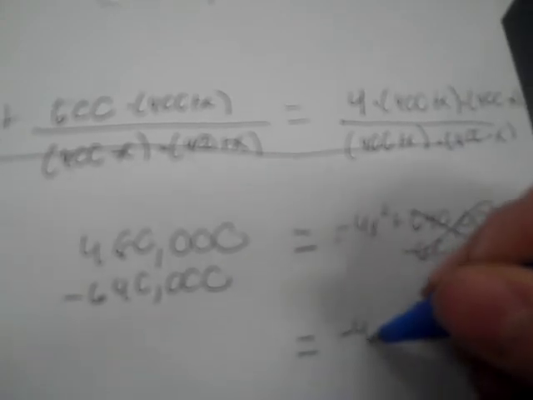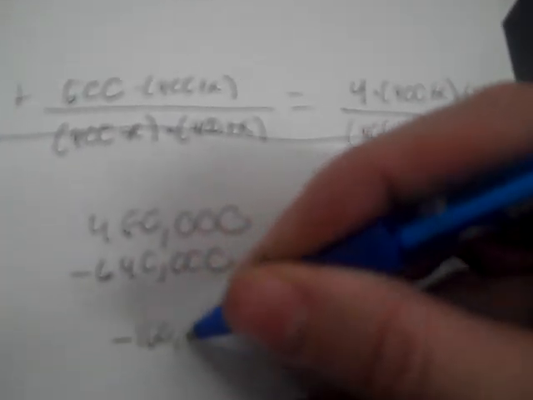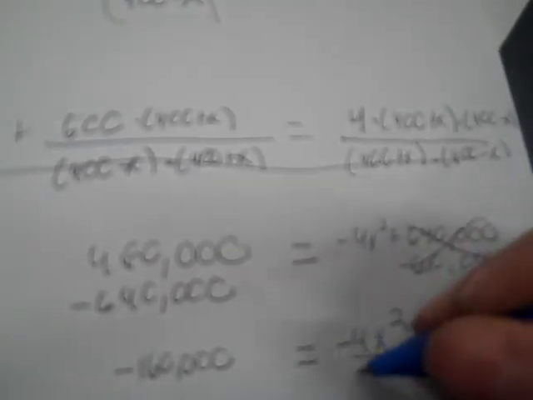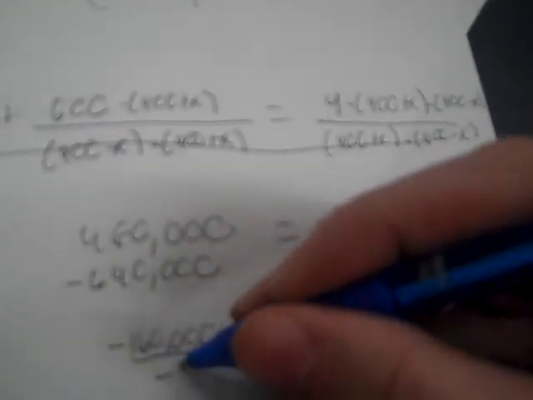So I have negative 4 times x squared. So 480,000 minus 640,000 is negative 160,000. And I divide by negative 4, by negative 4. Okay, I got 40,000.